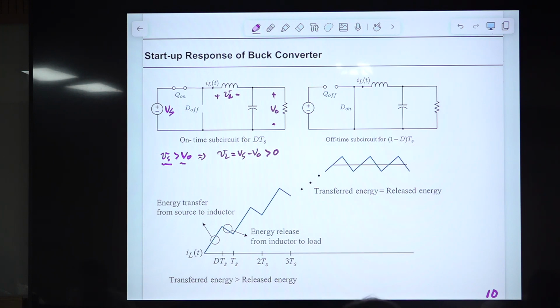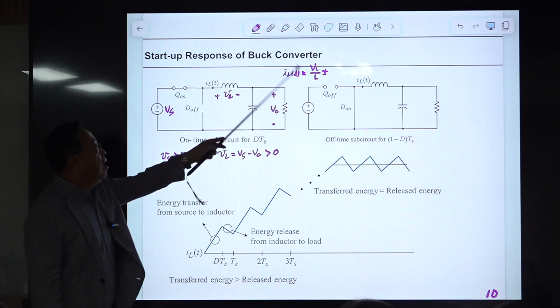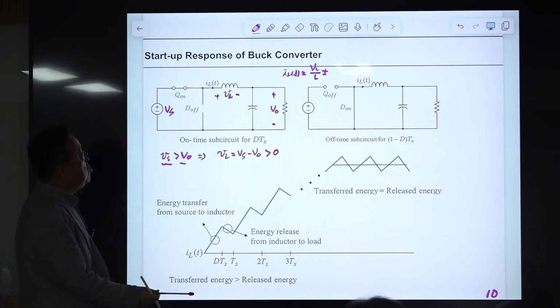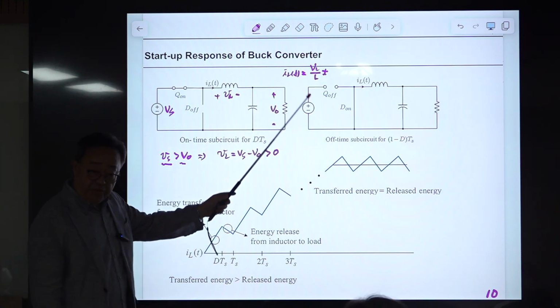It's positive. Okay? So the basic inductor equation: when the inductor is connected to some DC voltage VL, then VL divided by L is the slope of the current increase, and the current is linearly increasing. This is one expression of the voltage-current circuit equation of an inductor, but this one is most important.